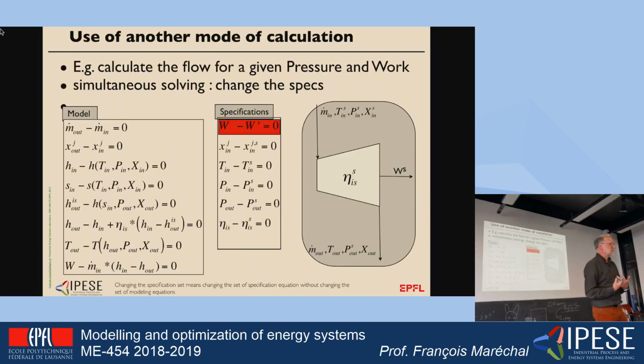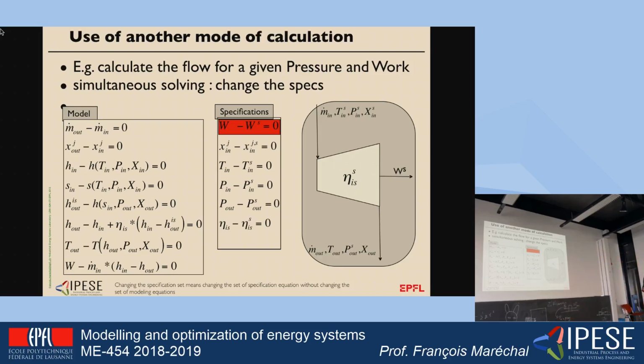And there are differences. So for example, if I have to change the functionality of my model. So for example, my turbine was calculating the work that is produced by the turbine. Okay? Now let's assume that instead of calculating the work, I would like to know what is the flow for a given work. Okay? And the flow can depend on the isentropic efficiency, etc. Okay?